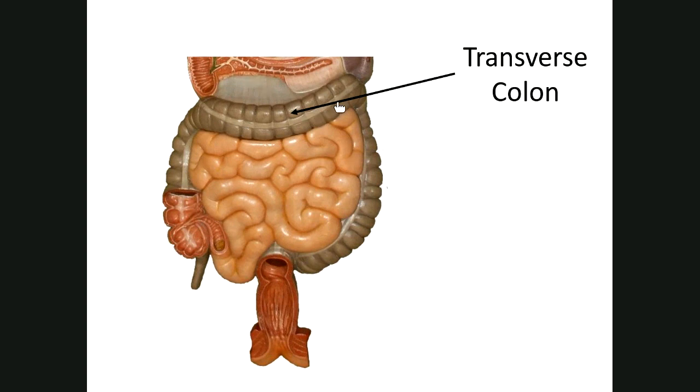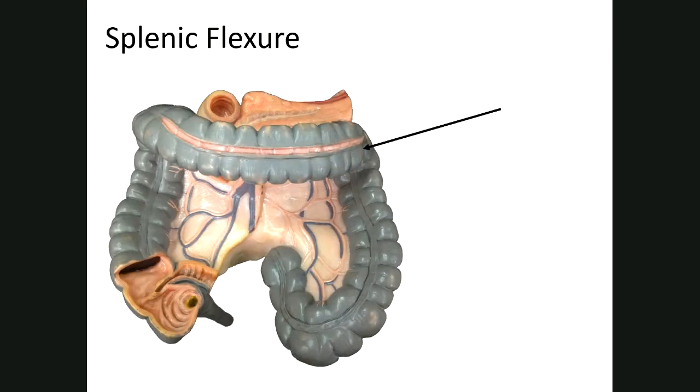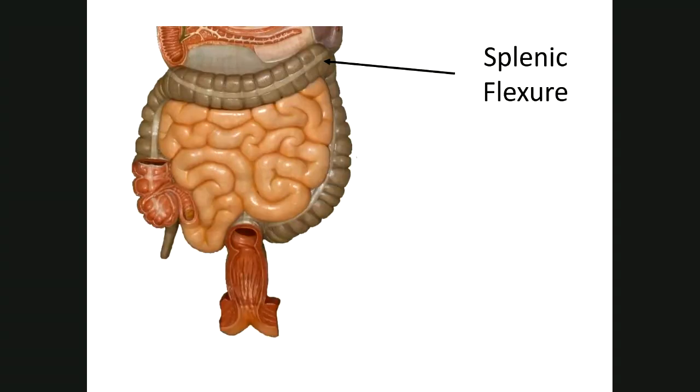Now we're starting to proceed towards this other kind of flexure, or bend. Of course we call that the splenic flexure because it's close to the spleen. You guys remember that the spleen is over there on the left side of the body. And here it is on page 86, splenic flexure.